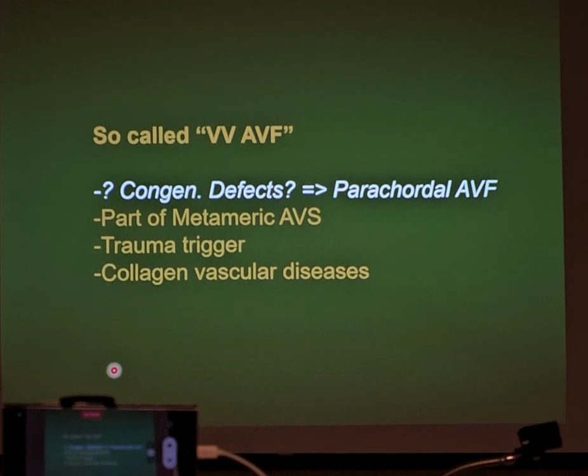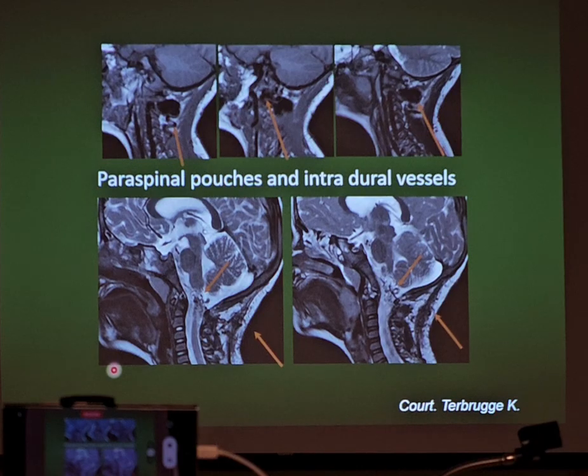So mix a little bit with another tool, which is traumatic and vascular pathology, including this metameric paraspinal pouch and intradural vessel, is seen nicely there. And you see only the skin, subcutaneous muscle, and the intradural vessel with the pouch.